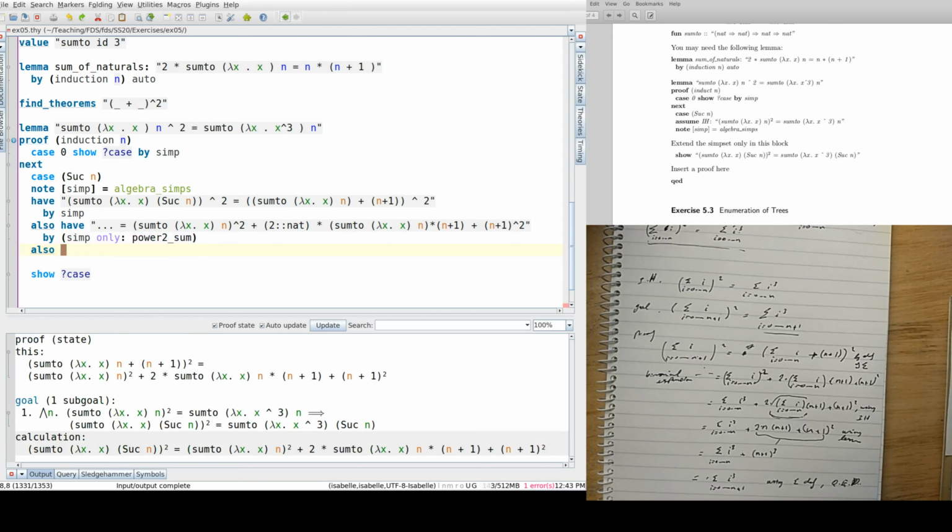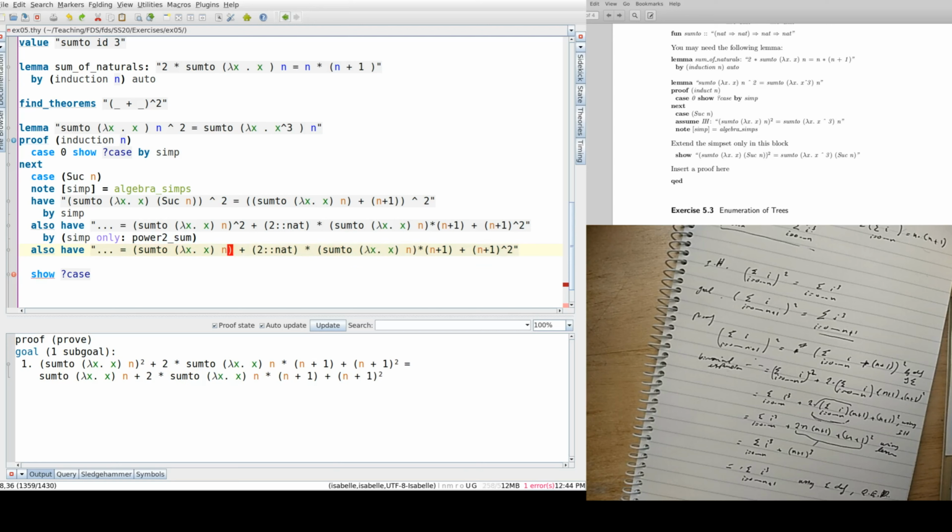Okay, so now the next step in the proof is this one. We need to apply the induction hypothesis to transform the first term. So also have, equals that thing, but I want to replace that one with that.